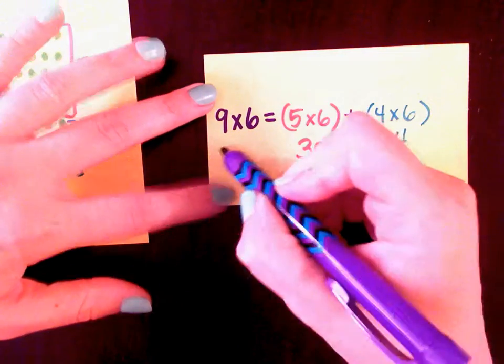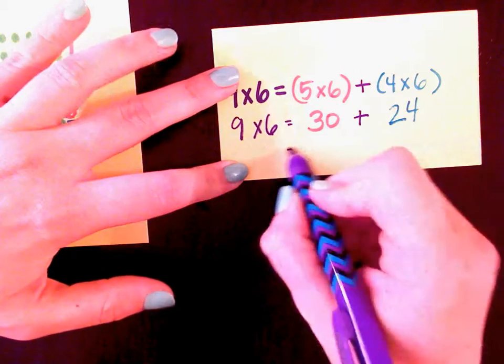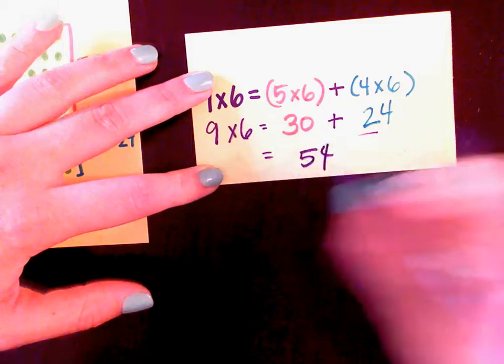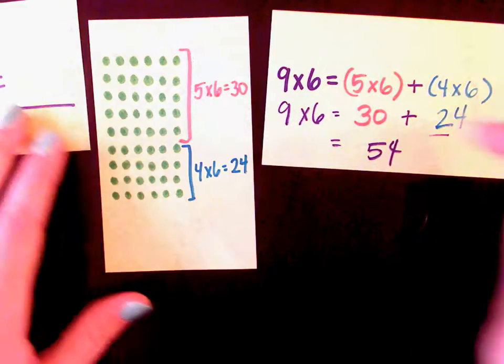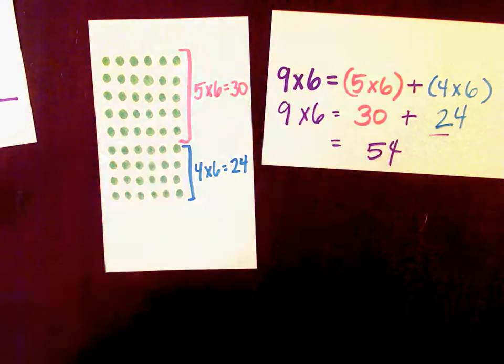So now we know that 9 times 6, or our entire array, is going to be equal to 30 plus 24, which is easy for our scholars to mentally add, just adding 3 tens to the 2 tens to make 54. So that's how our scholars know 9 times 6 is equal to 54, or there are 54 total.